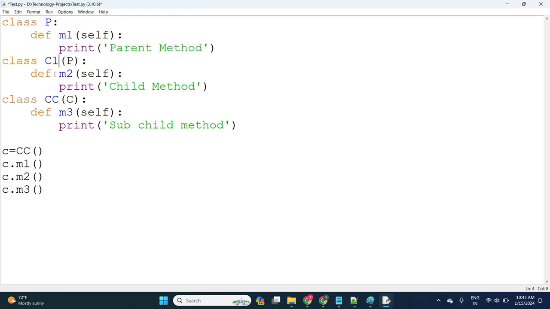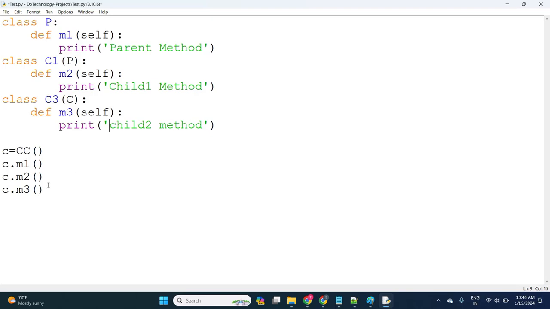In child 2, I'm taking another instance method, m3. So here child 1, and here child 2. Clear, right?